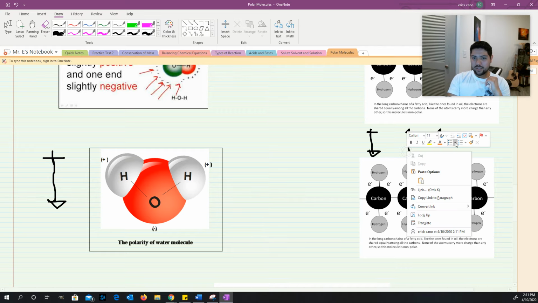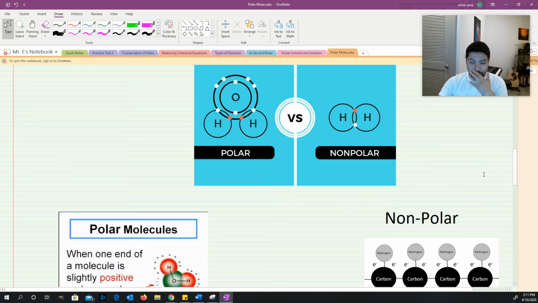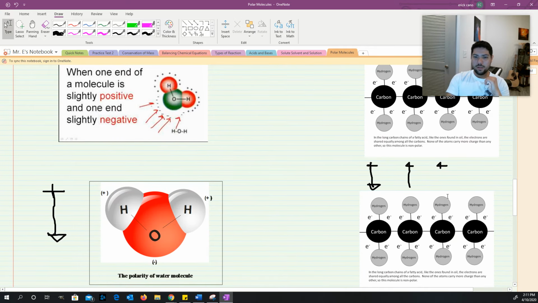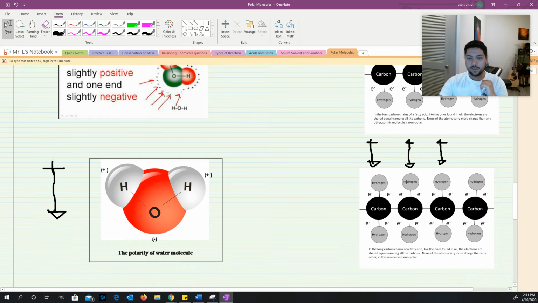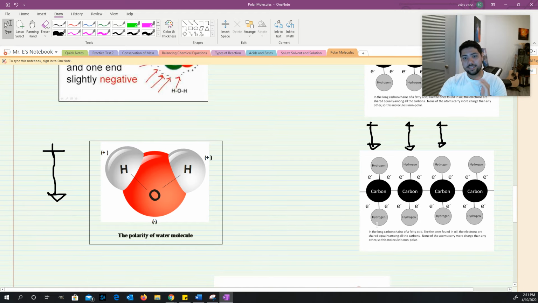And you could say this is also polar, but it's really not. It also has these hydrogens at the bottom side facing up. So what happens is it starts to look kind of like this.